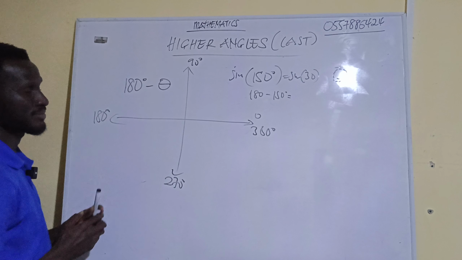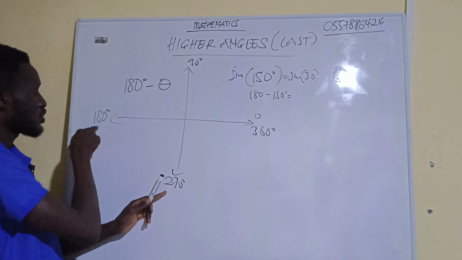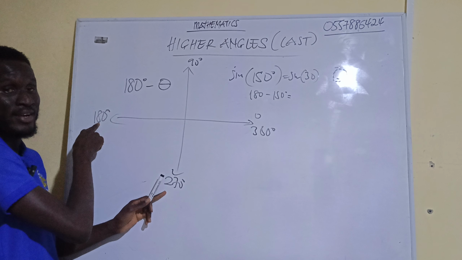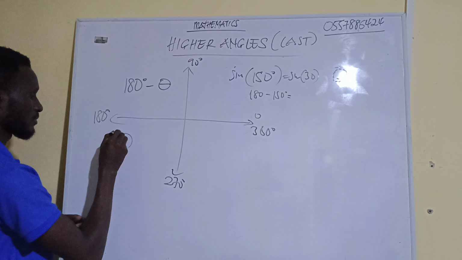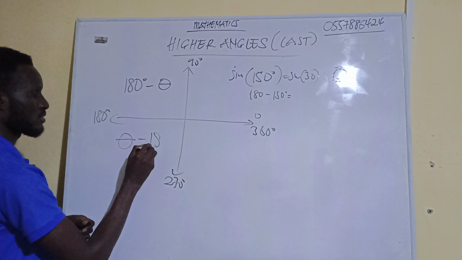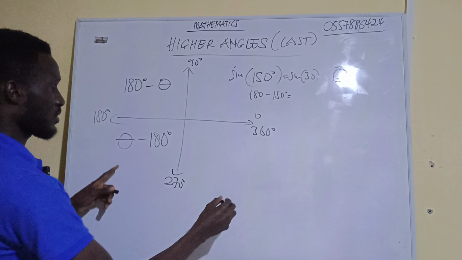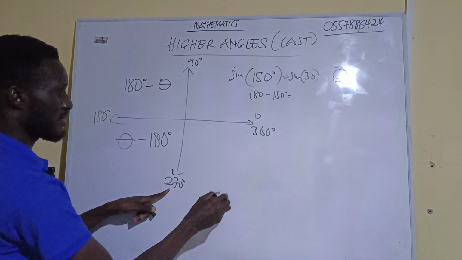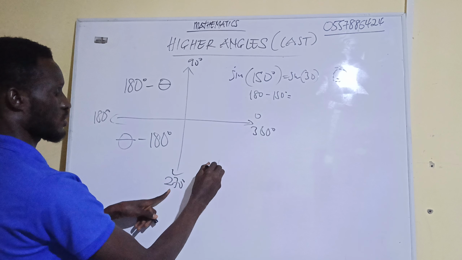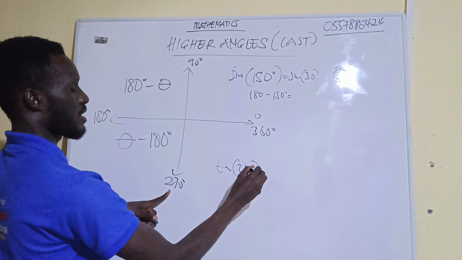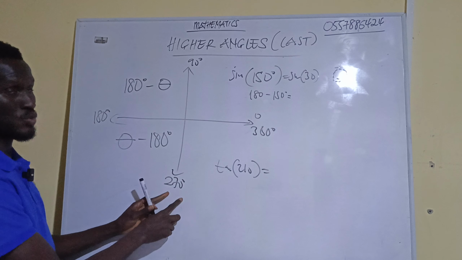Now let's talk about here. If the angle is between 180 and 270, of course, it has to be greater than 180, what you have to do is subtract 180 from the angle. I don't like using formulas, yes. For example, if the angle is 210, so tan 210, and I want to find the angle along the x-axis. 210 is between 180 and 270.